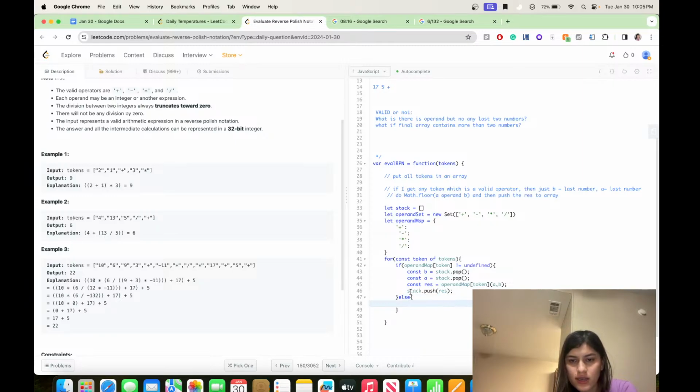Otherwise, if it is not, then I have to push the token, right? So how can I create a function here like a b? If it is a b, then it will be like a plus b. Something like this.